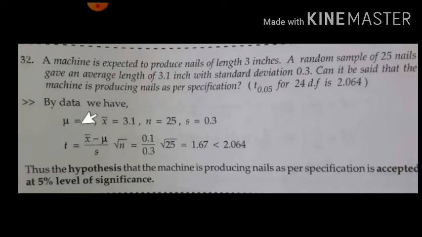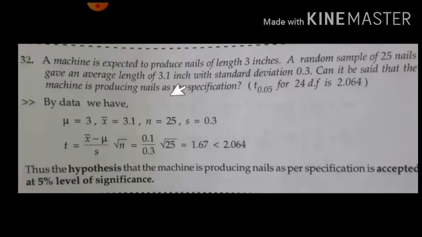So write down what we need to test here. Can it be said that the machine is producing nails as per the specification? We take the hypothesis that the machine is producing nails as per specification.